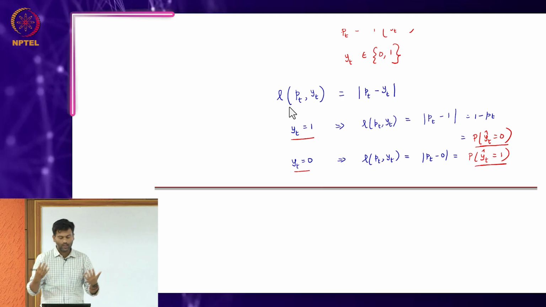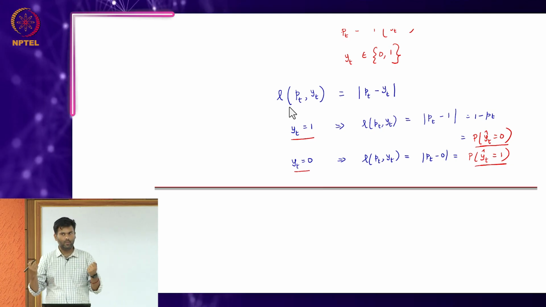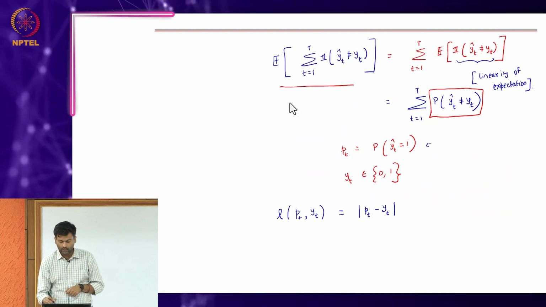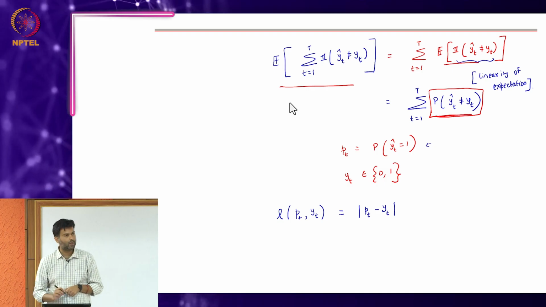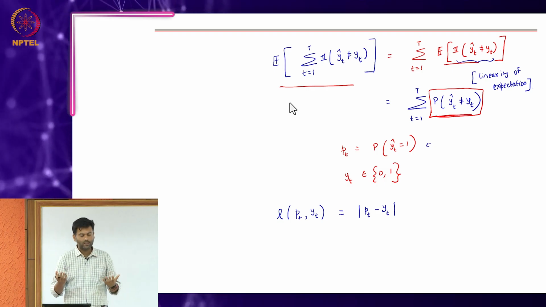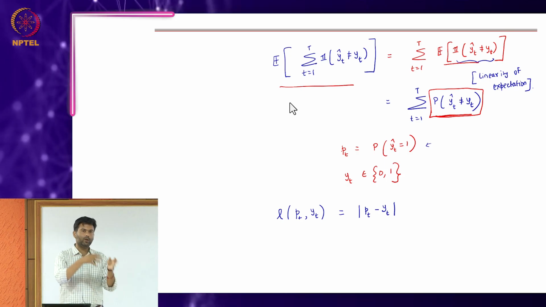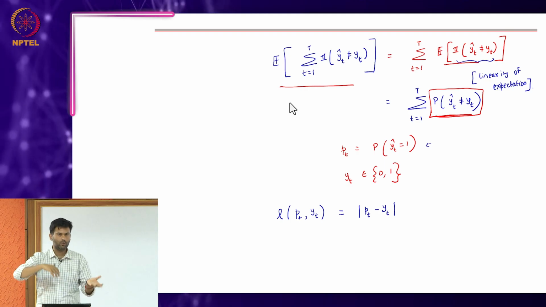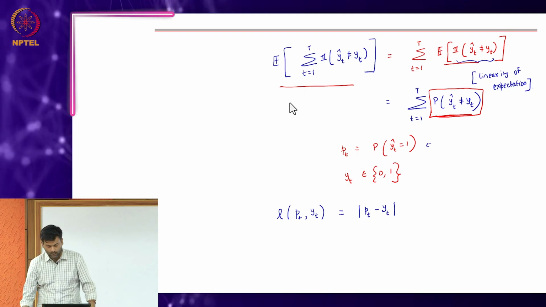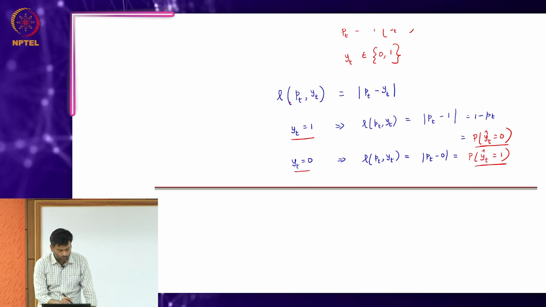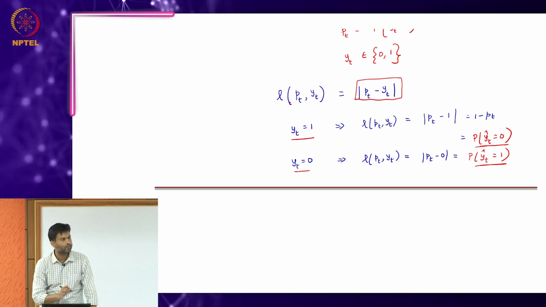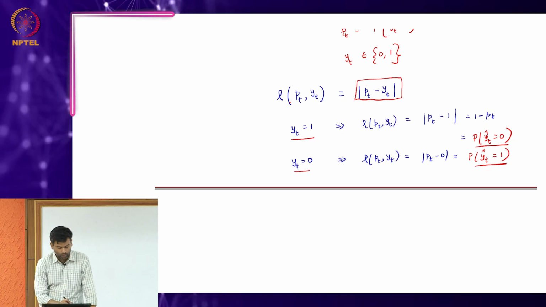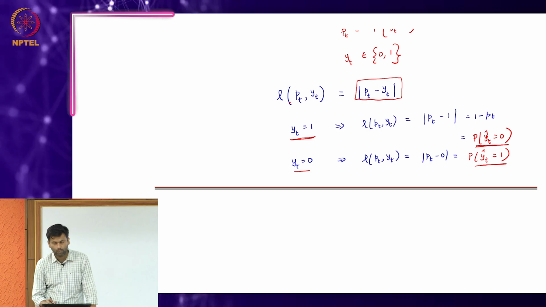Which means that in both the cases, what I am really measuring is the expected value of whether I make a mistake or not in the tth round, which is equal to the probability that I make a mistake. That is exactly measuring the probability of my saying 1 when the actual answer is 0, or the probability that I am saying 0 when the actual answer is 1. This quantity, we just argued, is, if the actual answer is 1, the probability that I am saying 0.